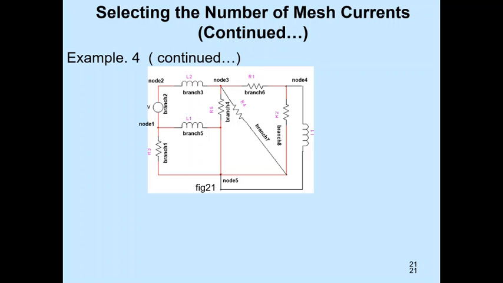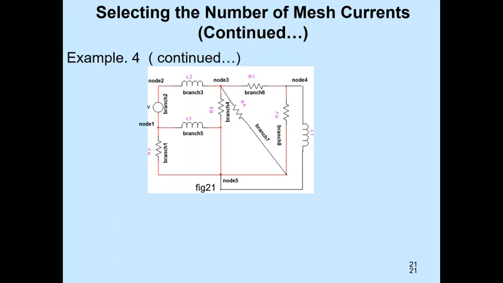At node 5, what are the branches? See here again. These two are short circuited. How many are connected? At node 5, R4 is connected, L1 is connected, R3 is connected, and L2 is connected. So these four are connected at node 5.